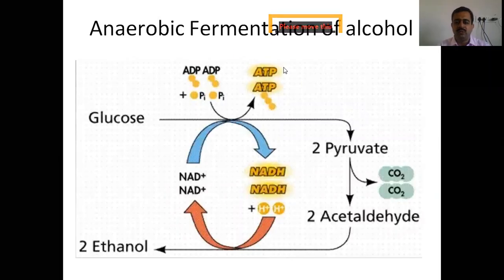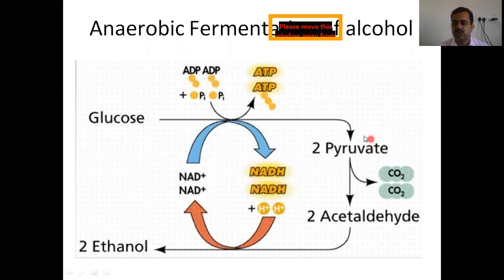Now, this is an anaerobic fermentation. So what is anaerobic? Anaerobic means it does not contain any oxygen. So this is purely an anaerobic kind of fermentation. This fermentation starts with glucose, that is the sugar, which is the raw material. Sugar gets converted into two molecules of pyruvate.